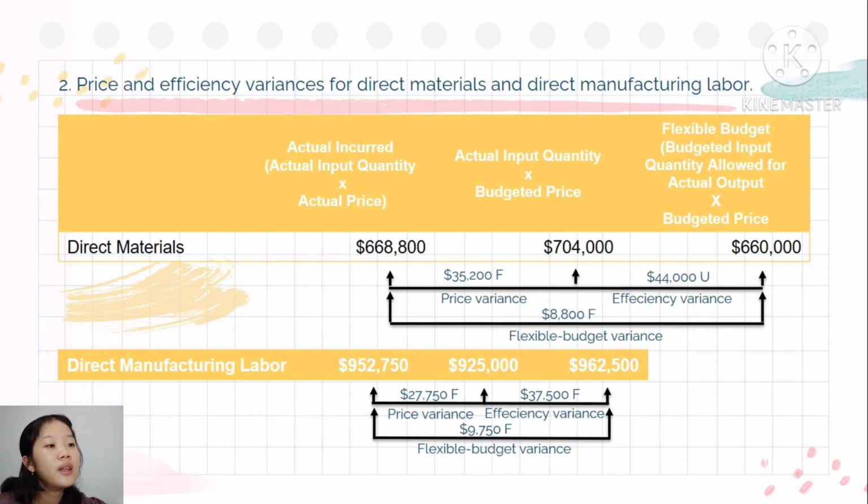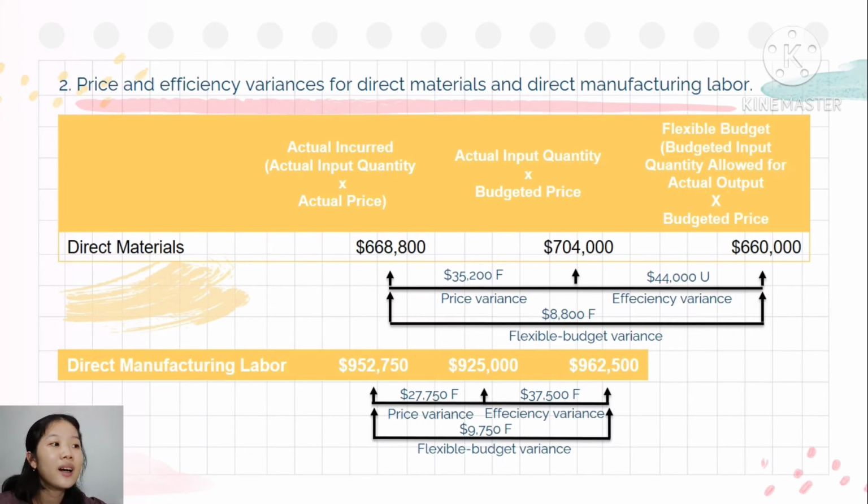And from the gap, the 65,200 is for the price variance, and the efficiency variance is calculated from the actual input quantity times budgeted price minus the flexible budget, getting the result 44,000.